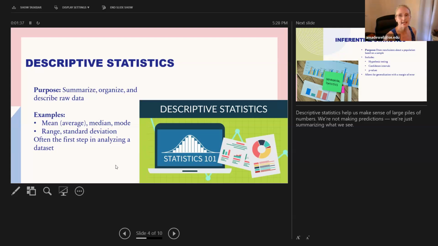When we're describing data, we'll say how many men, how many women, how many gender nonconforming, how many white, non-Hispanic, etc. We will also talk about the range of those scores. What's the lowest score they could have to a highest score? That would also be a descriptive statistic.